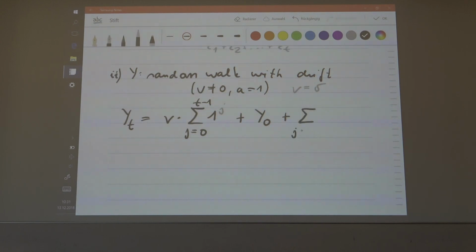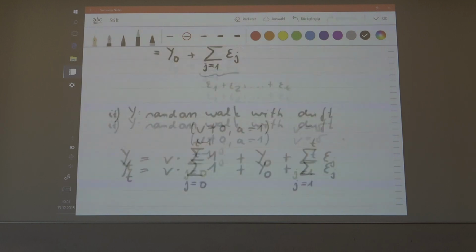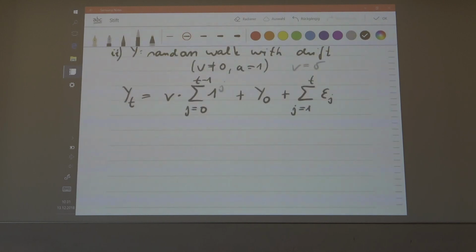So again, j is equal to 1 to t, so here you have epsilon j, of course, right? Now let's simplify this expression, because let's say the constant is equal to delta, so this is going to be equal to delta, and if you add 1 plus 1 plus 1 plus 1 and so forth, from j equal to 0 to t minus 1, then you have t times in there, you understand?